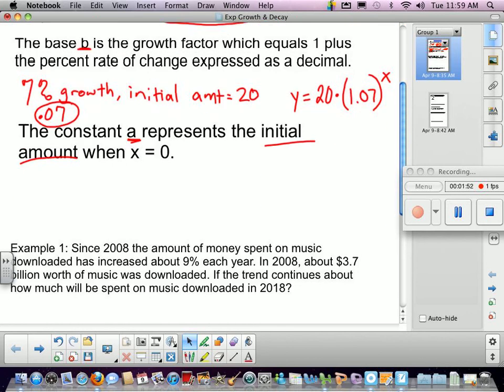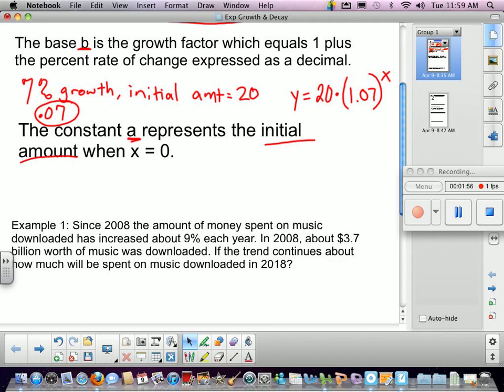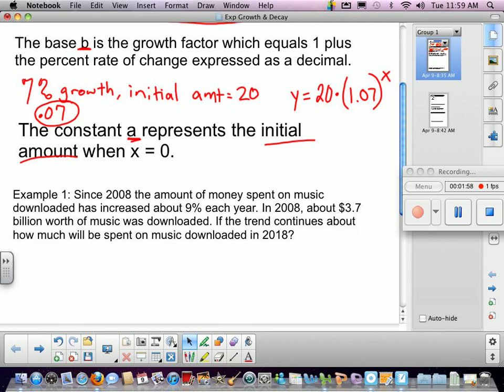All right, example 1 says, since 2008, the amount of money spent on music downloaded has increased about 9% each year. In 2008, about $3.7 billion worth of music was downloaded. If the trend continues, about how much will be spent on music downloaded in 2018? So we're going to start out with the equation y equals a times b raised to the x.